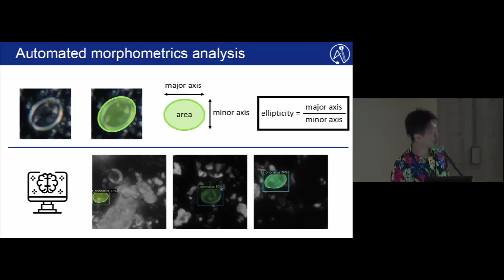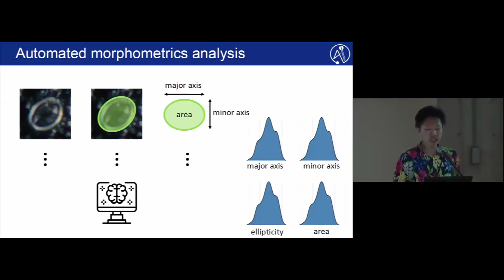Once we know that, we can have the bounding box and the boundary of the nanofossil predicted by the deep learning model. With that, we can immediately know the major axis, the minor axis, the area, and the ellipticity of the nanofossil. So it's very easy. We can just put it to the computer, let the computer do the work, and then we will have a distribution of all these parameters.